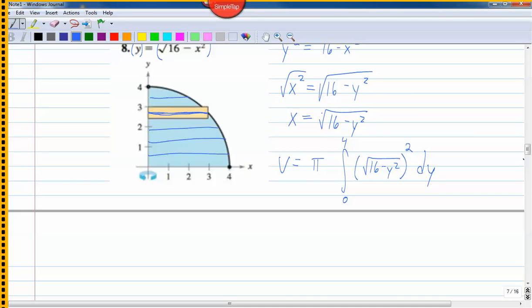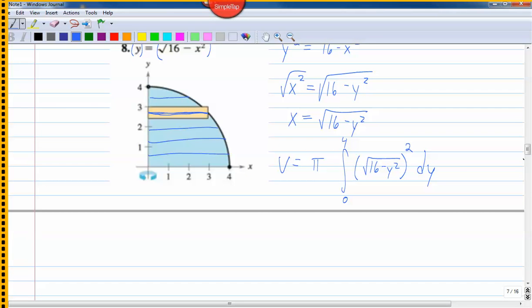So what I'm plugging in does represent the radius. Okay? It's just trying to help you understand what's actually going on. Anytime, whatever you write in the formula right here, this radius, you can check that by just plugging in whatever values you have on your sketch or your graph.